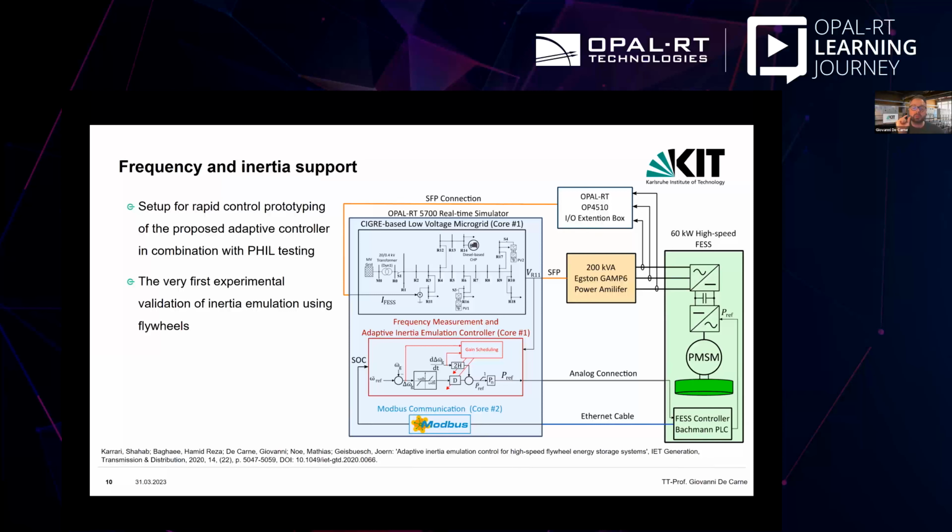The analog connection was really important because we could access the PLC of the flywheel directly without needing to go through the Modbus communication, which is usually much slower.